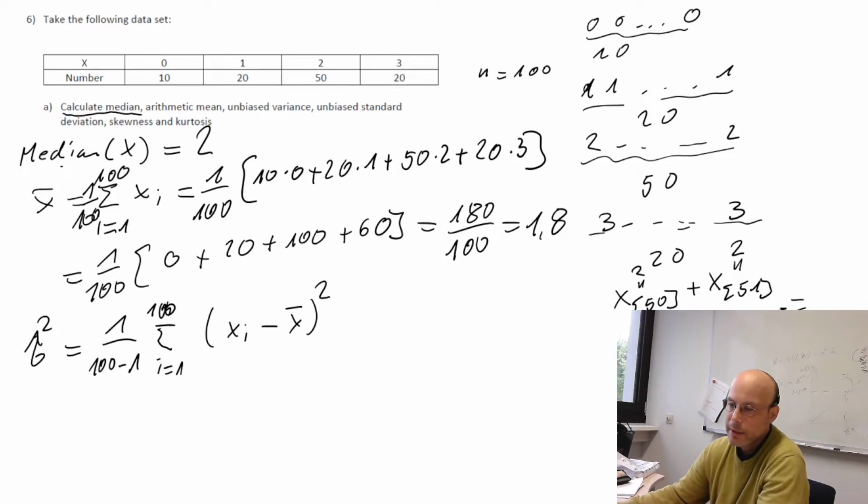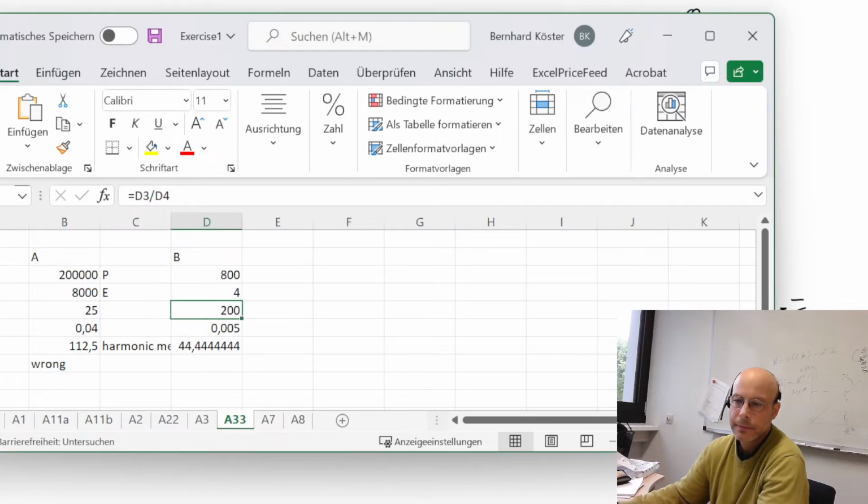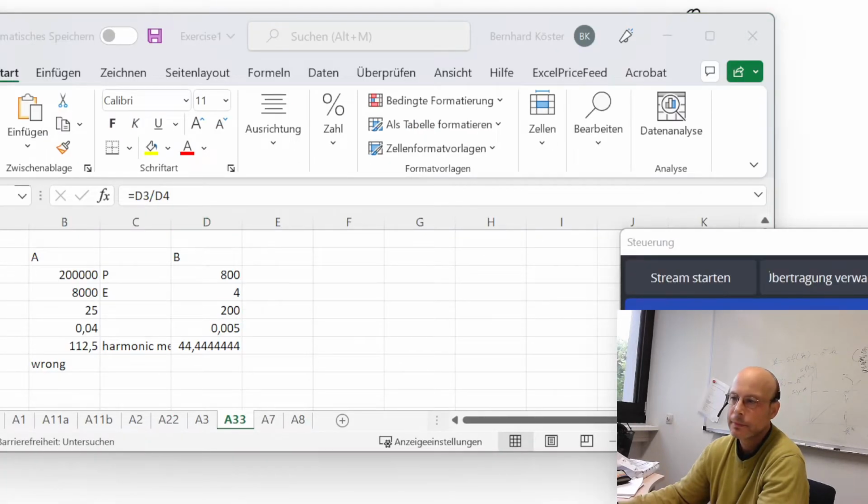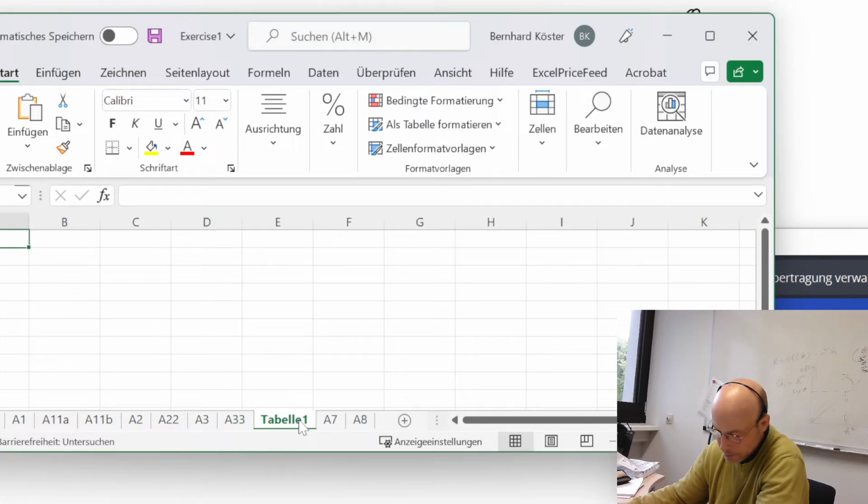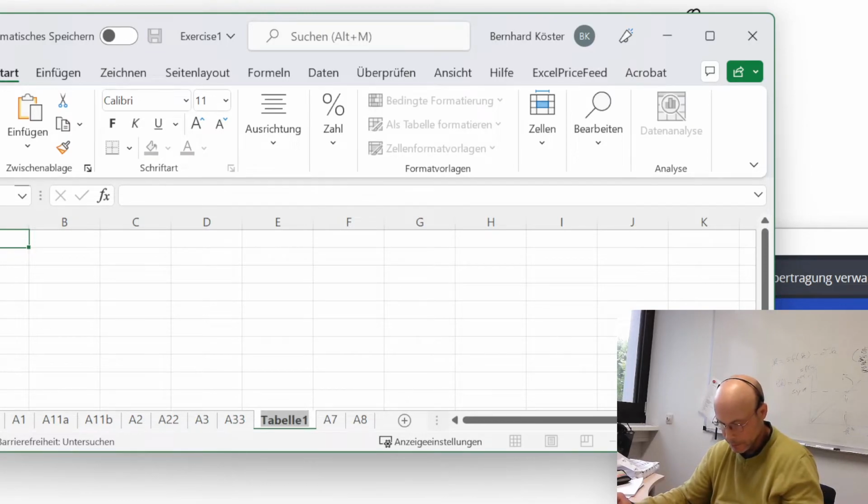So then let's do this in Excel. How can we calculate this? Here, 6.